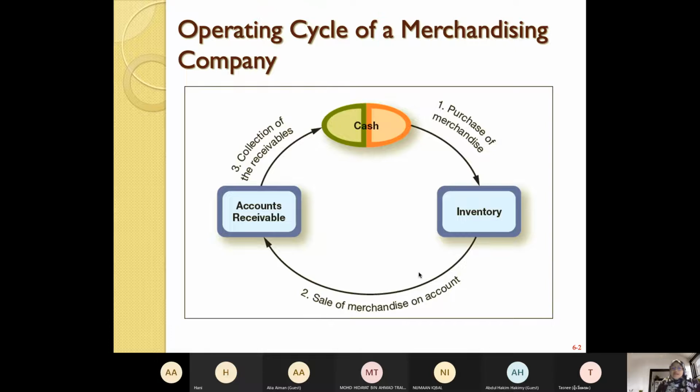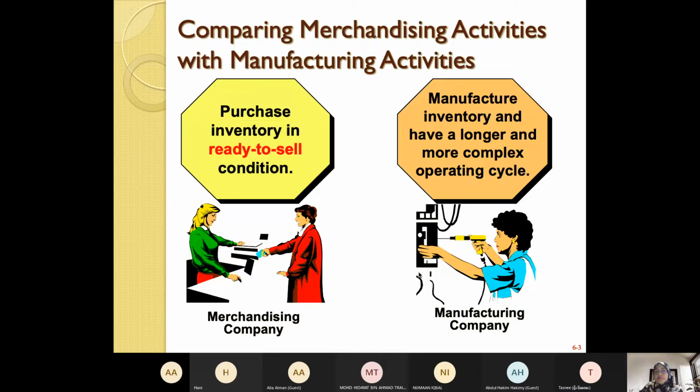Remember that sometimes when you purchase your merchandise, you create accounts payable rather than paying out cash. So the cycle is that you purchase inventory either by cash or by creating accounts payable, and then you sell the inventory to your customer either for cash or on account. If you sell for cash, you receive cash, but if not, then you create your accounts receivable. And once you create your accounts receivable, you need to collect those amounts due from your customers.